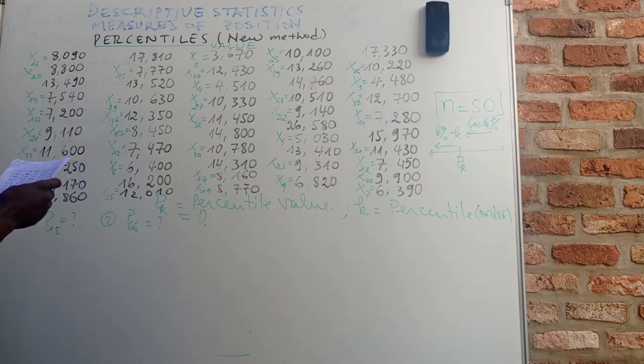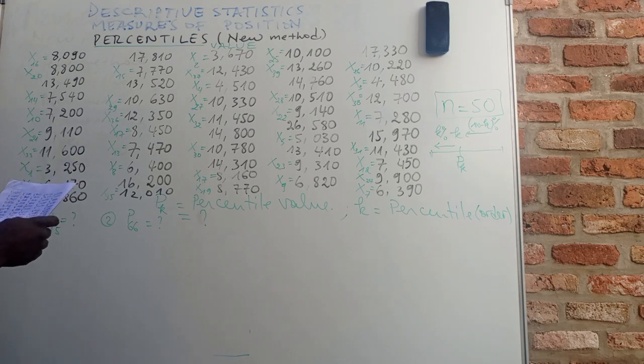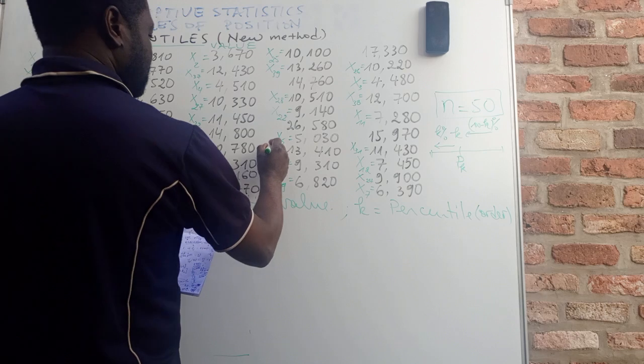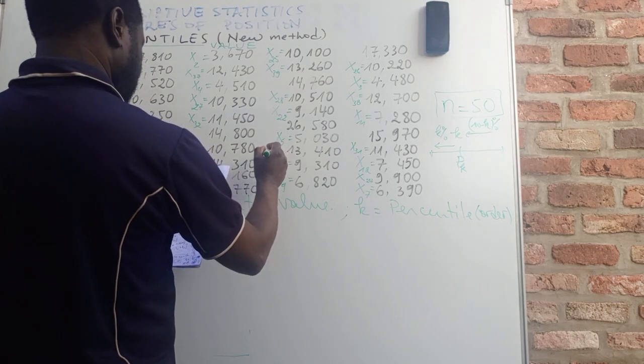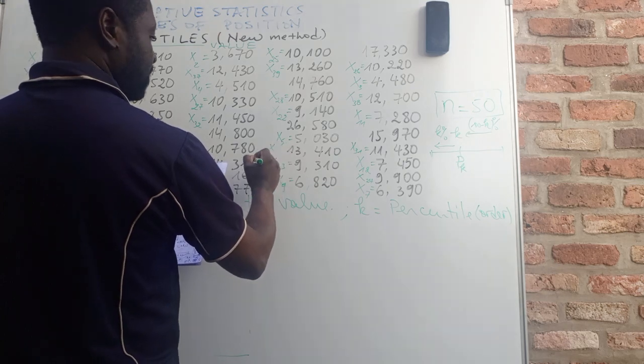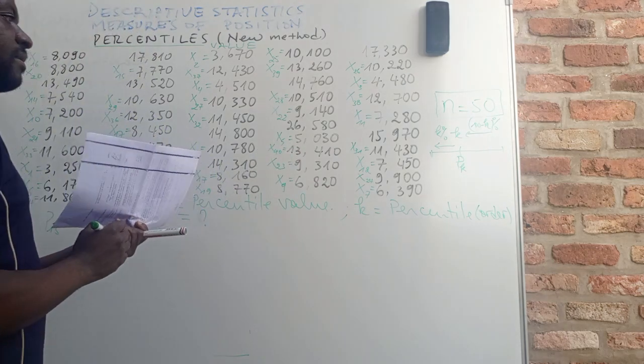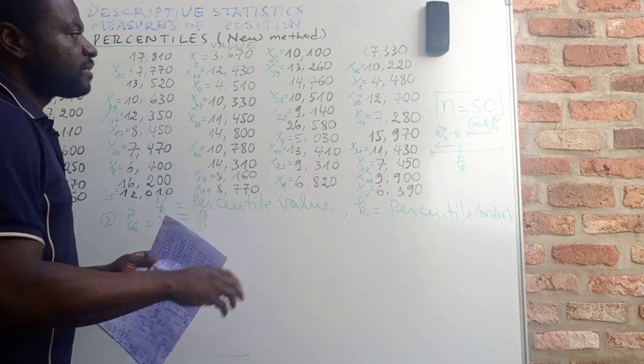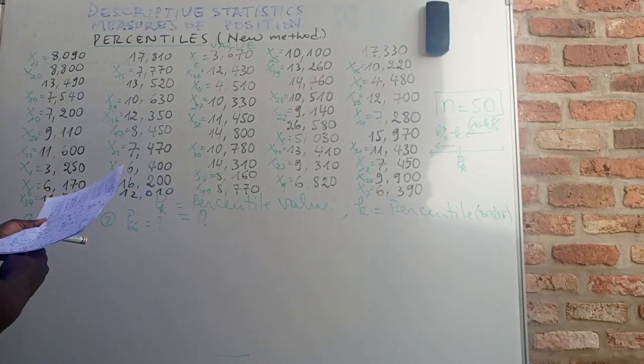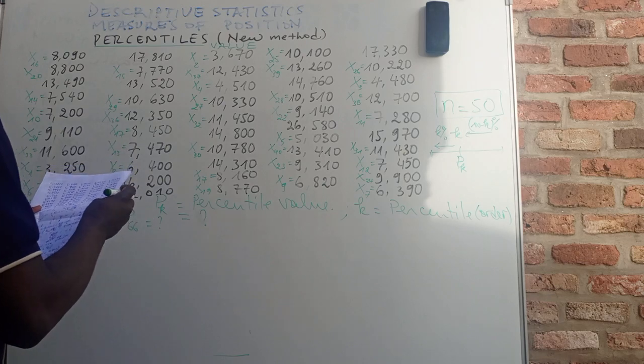Now x sub 40 is 13410. x sub 40. There are 10 more to come. Okay, x sub 41.